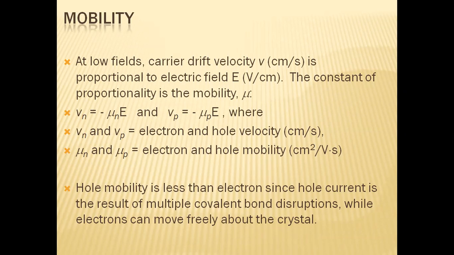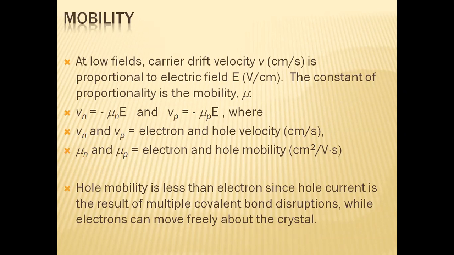You need to identify it and a comparison is made. Hence this mobility refers to the proportional drift velocity. When it is proportional to the electrical field, the constant of proportionality is the mobility, denoted by mu.